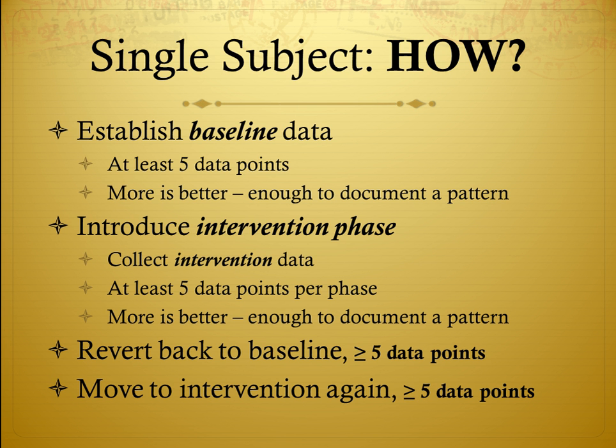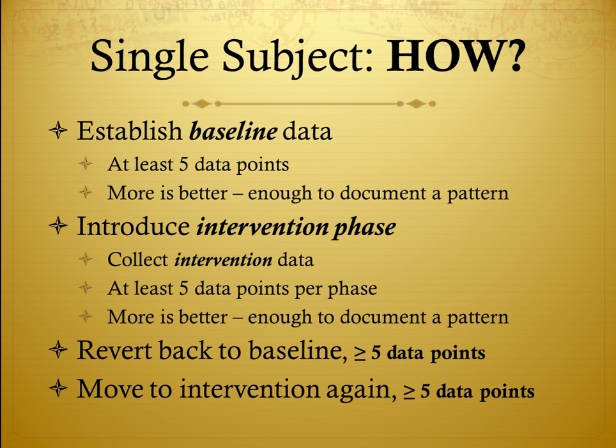You need to establish reliability of data. So within each phase, the gold standard is to have at least 5 data points. More is even better, but 5 is definitely enough to document a pattern, and 5 is accepted as a good number of data points.